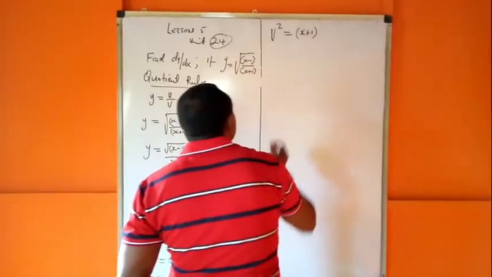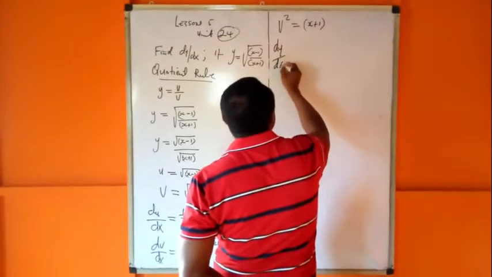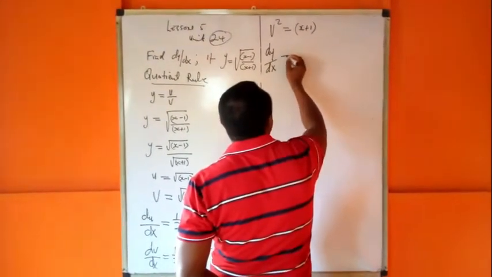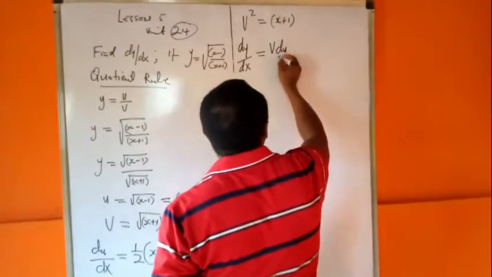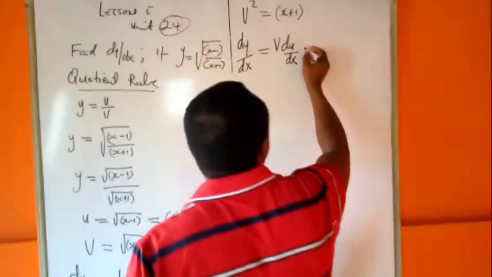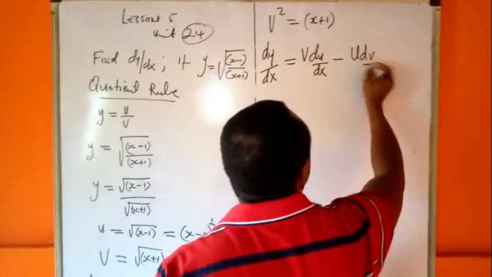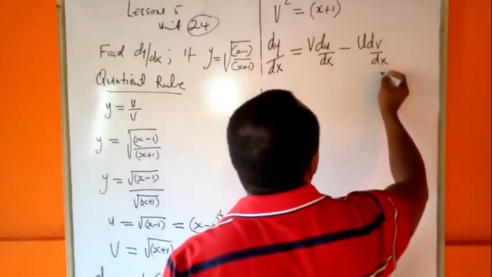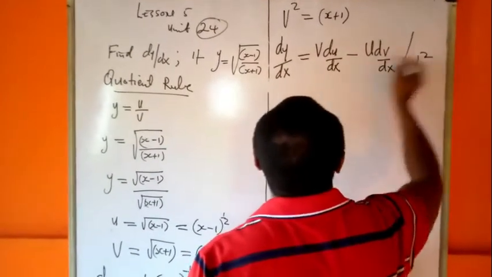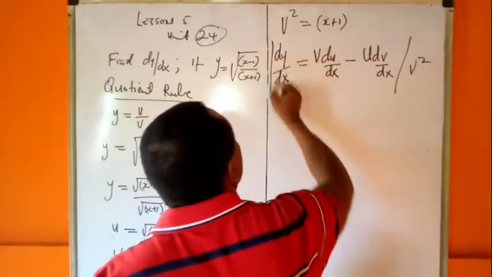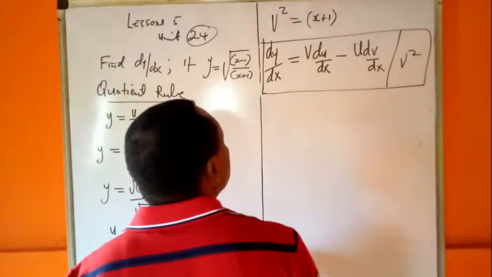So applying our rule, dy dx is equal to v du dx minus u dv dx over v squared. So this is what we are going to apply now.